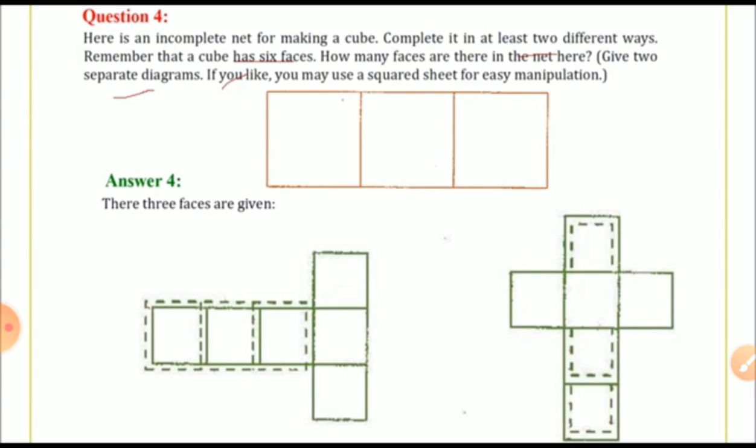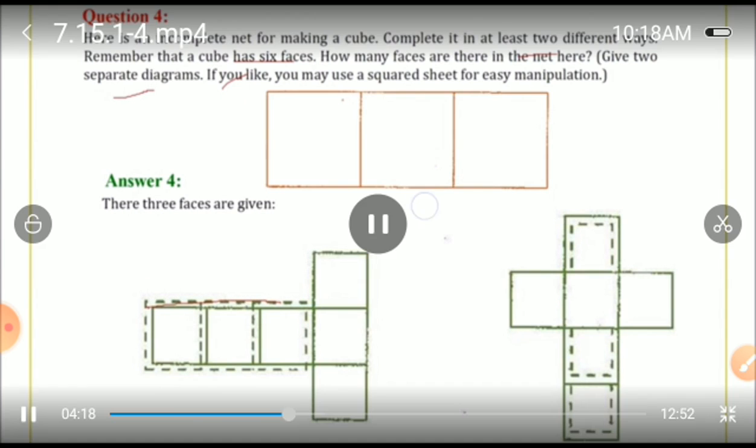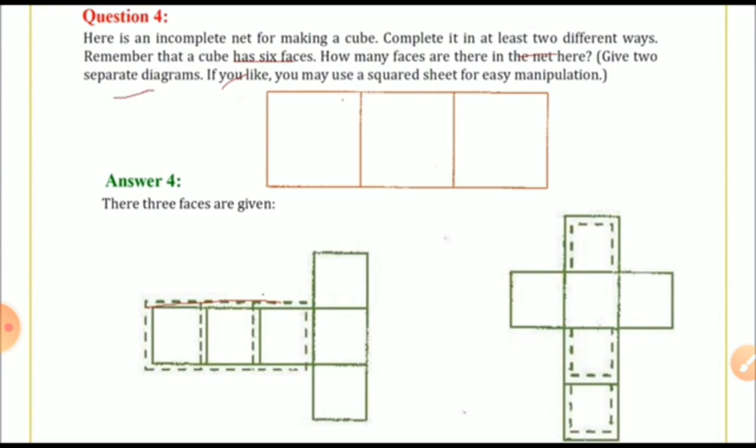If you like, you may use separate square sheets for each manipulation. Yes, my dear student, here you have 3 squares. You have 2 options to make a cube. There are 2 ways to make a cube with the help of these 3 squares in a straight line.